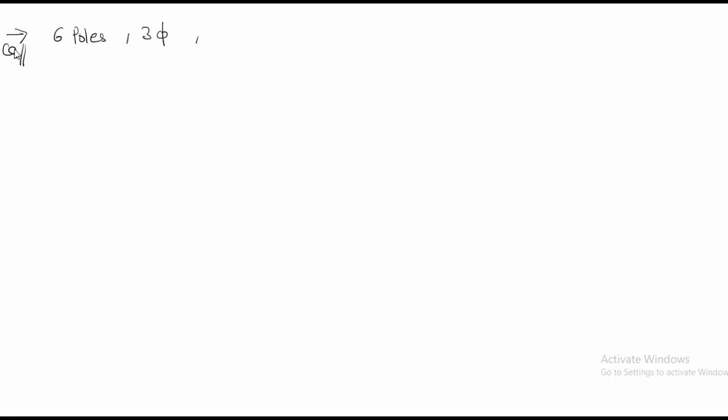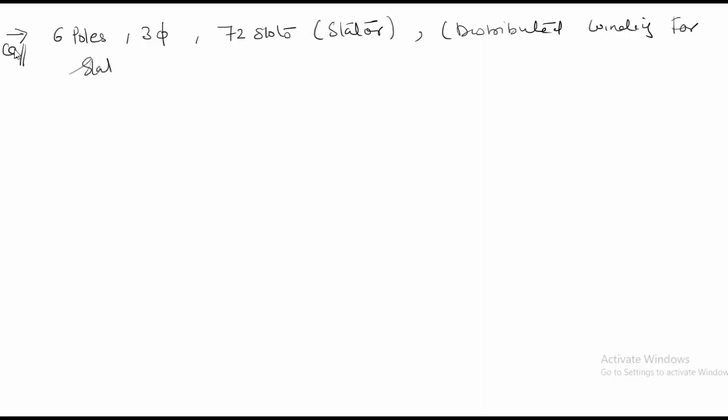Now this machine has 72 slots for stator, and this is a distributed winding for stator. Now the question is to find KD, or distribution factor, also known as KB breadth factor.